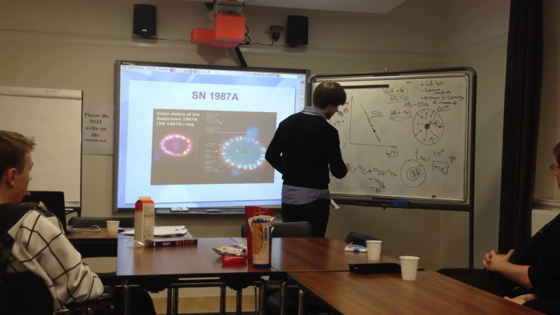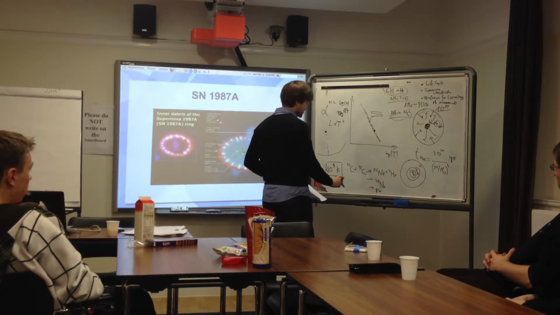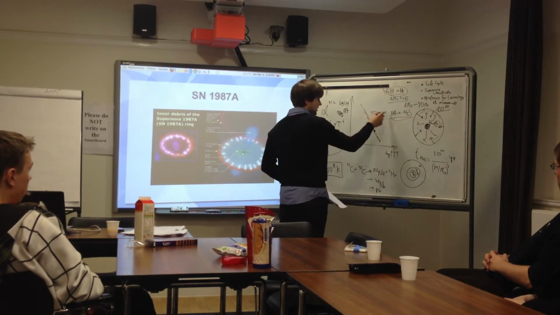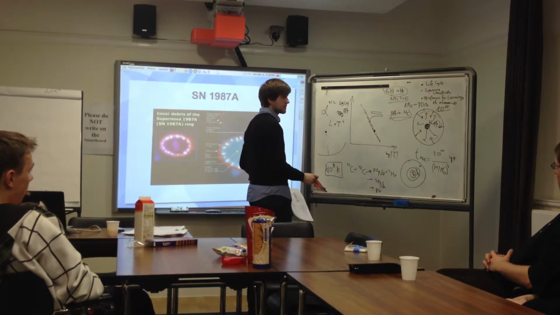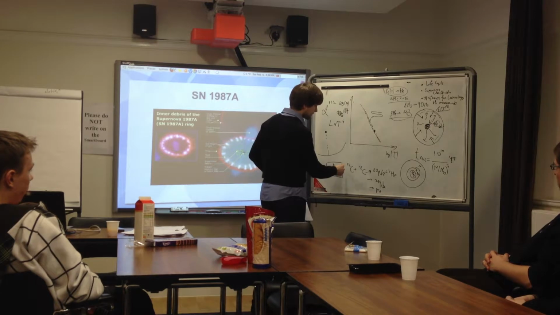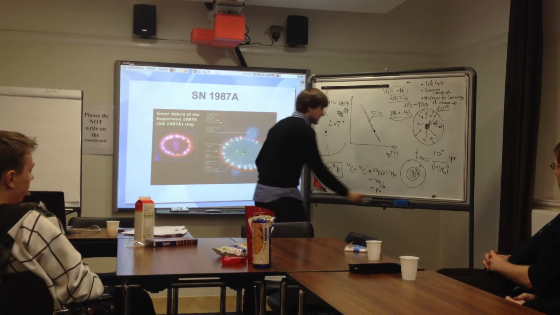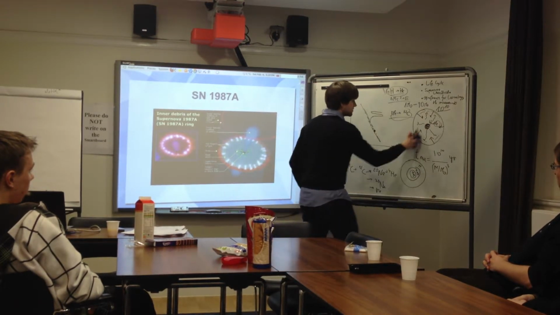As you run out of carbon, then you start burning oxygen, if you're massive enough. So it actually goes all the way here, but every single phase takes less time, because the burning is much less efficient. The idea behind nuclear burning is quite simple.